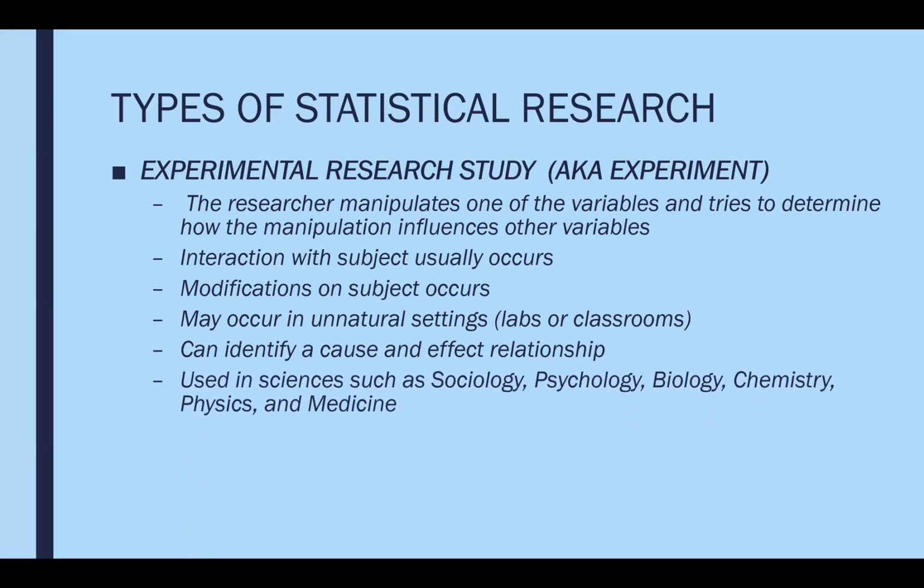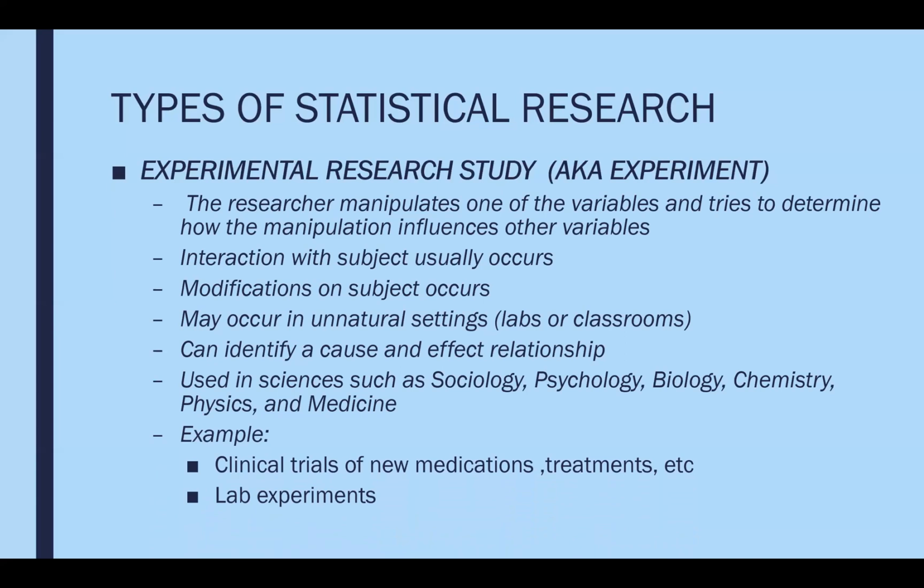This particular one is used a lot, obviously, in more of your sciences like biology, chemistry, physics, medicine. You may also see experiments done in psychology and sociology, especially if they're associated with some sort of drug or some sort of medication that's being tested.